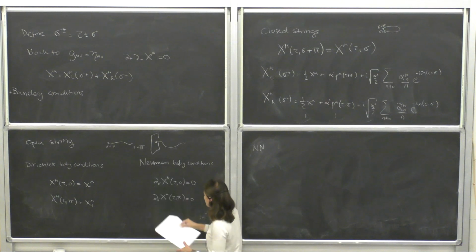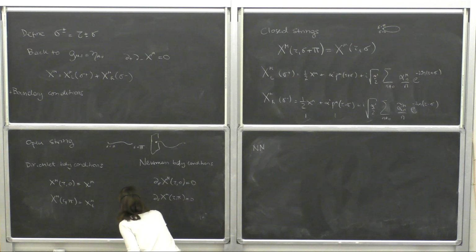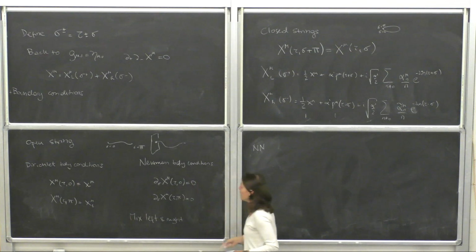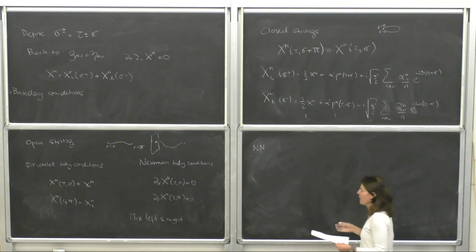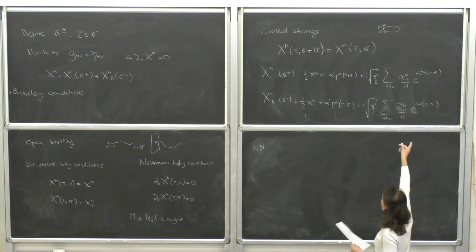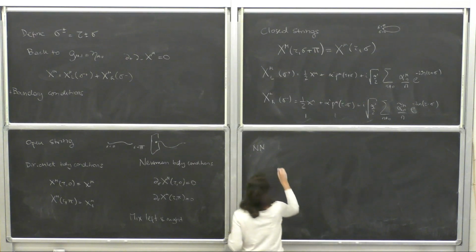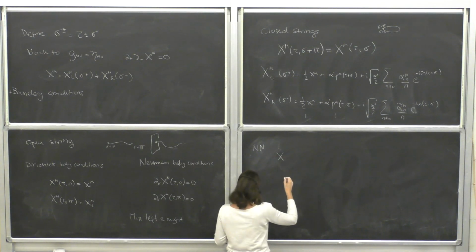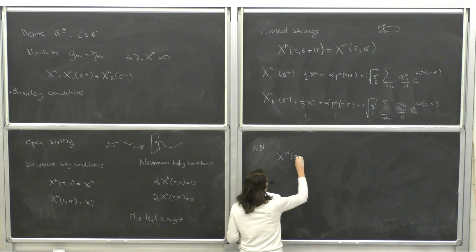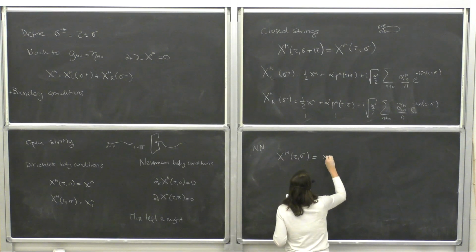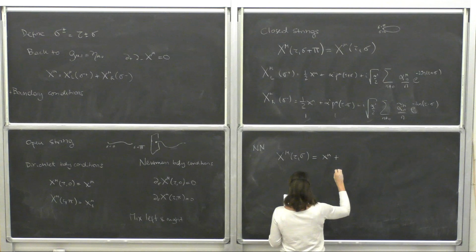So all these boundary conditions mix left and right. So in the open string, we don't have independent left and right moving waves, but what we have are standing waves, the same as for ordinary strings.